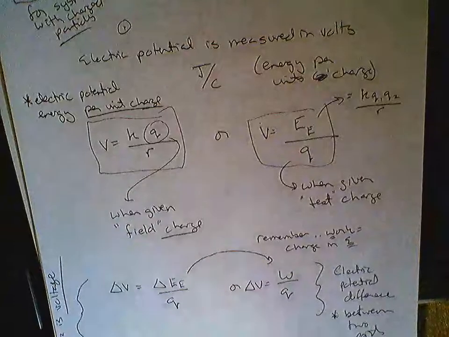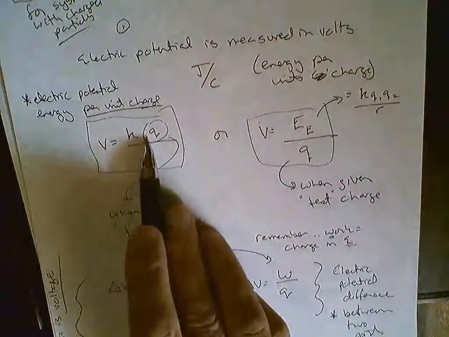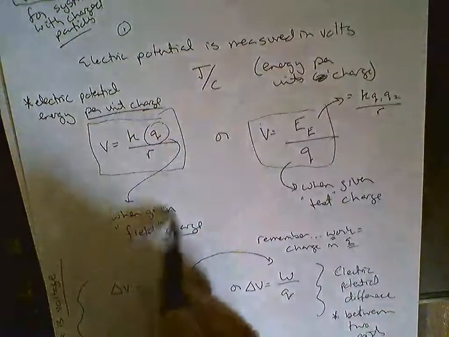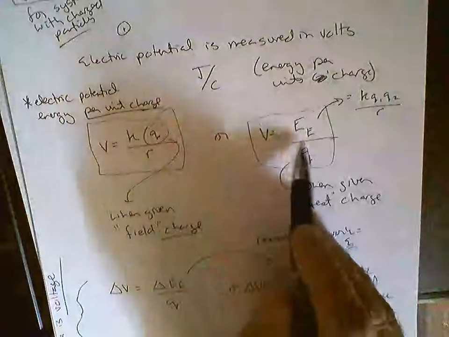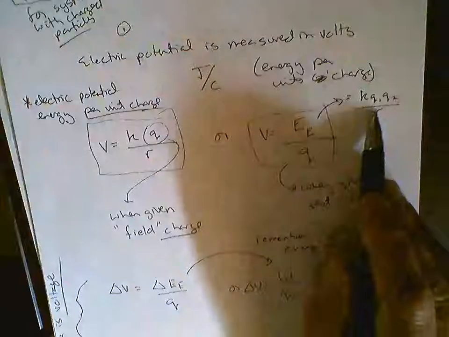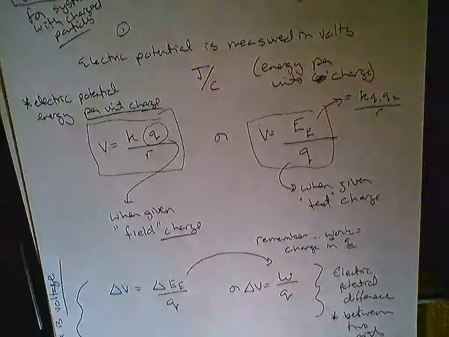If they use the term electric potential, then you're going to either use V equals KQ over R, and this is when a field charge is given, and you can also use the terminology EE, which is electric potential energy, divided by the charge when a test charge is used.